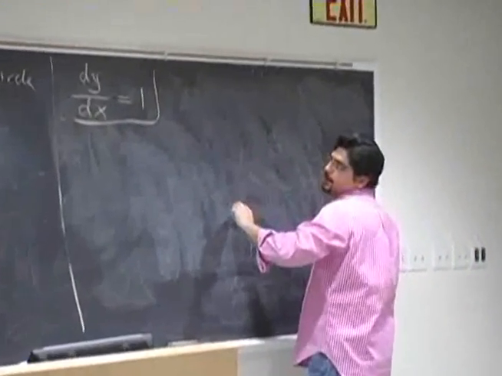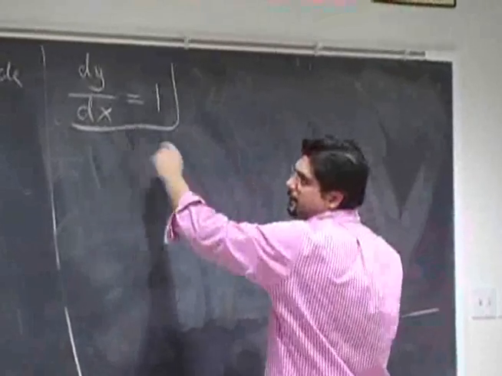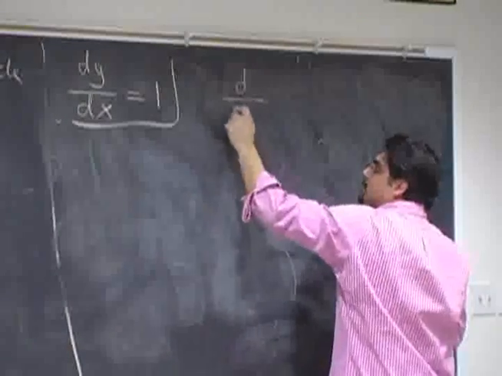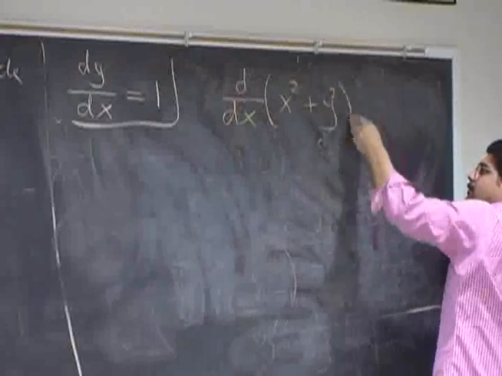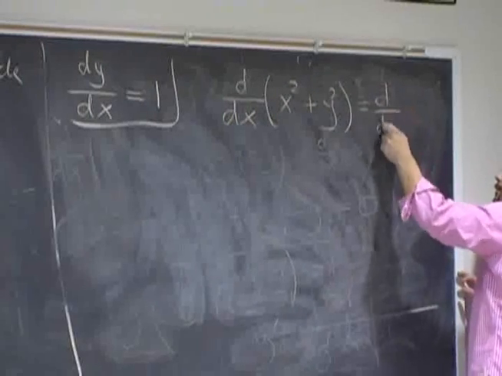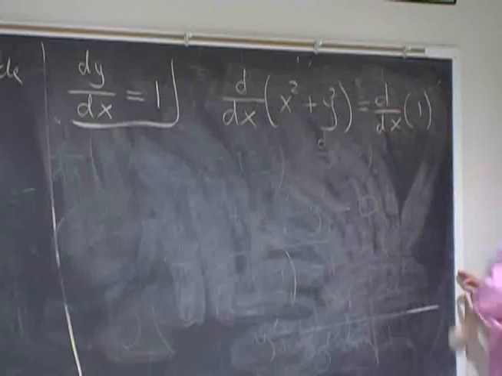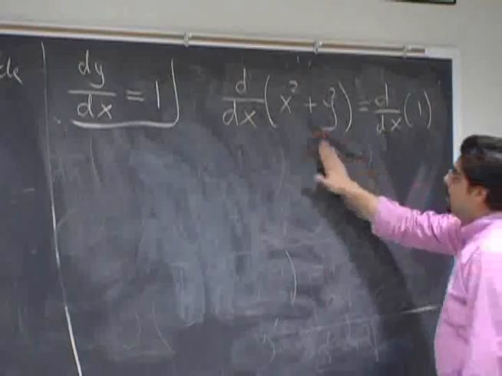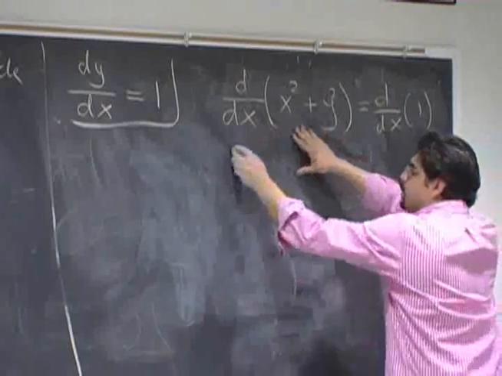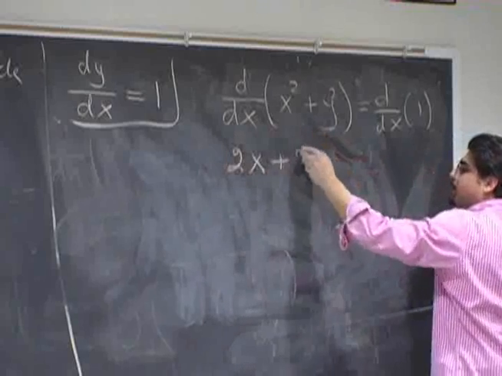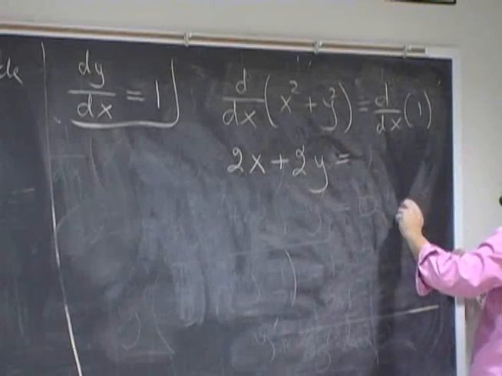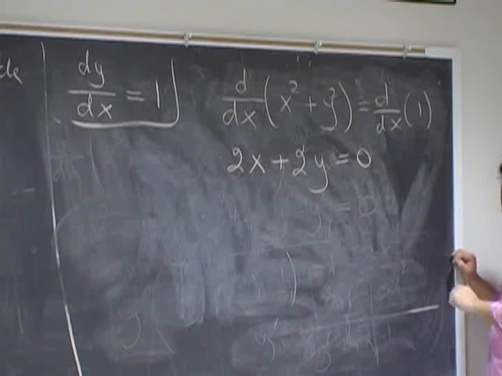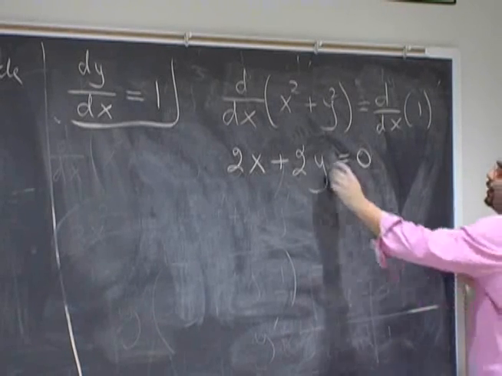Okay. So how do we get dy dx? Well, differentiate the equation. So here the derivative would be 2x plus 2y y prime equals 0. Okay.